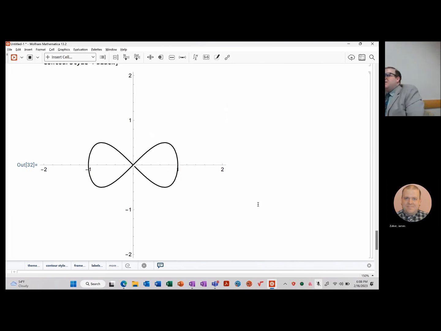Is this a lemon? Get what the shape's actually called.